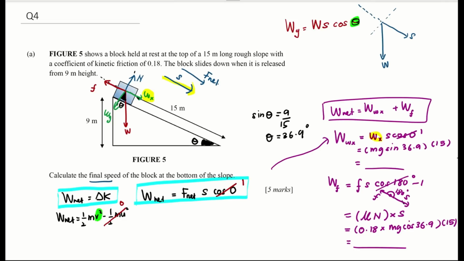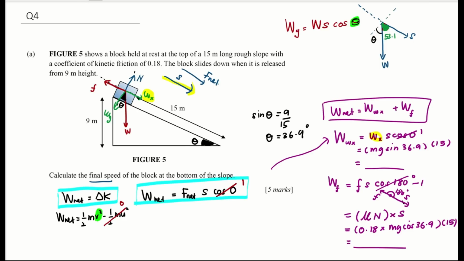And then angle dia mesti ambil angle antara S dan W. Okay, kat sini. Ini angle yang kat sini. Sekejap, saya kena guna warna hijau. Angle yang kat sini. Okay. So kalaulah angle dekat sini kita kira tadi theta 36.9, so means that angle yang kali hijau itu adalah 53.1.